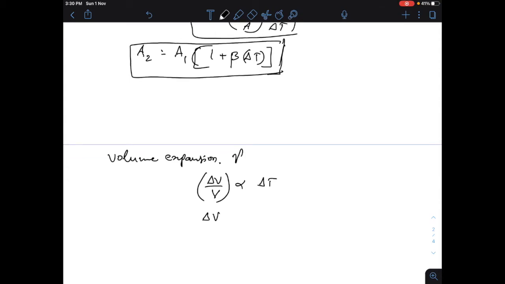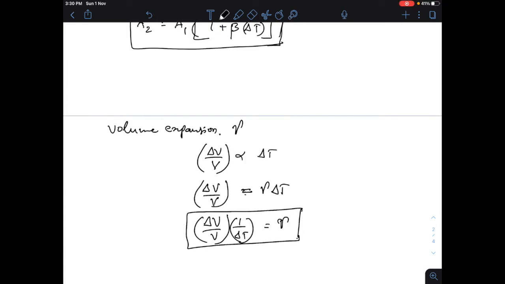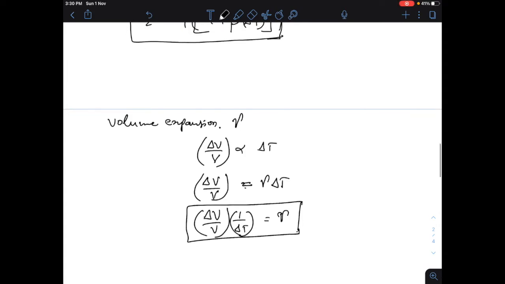So I can write delta V by V is equal to gamma delta T, or delta V by V times 1 by delta T is equal to gamma, that is the coefficient of volume expansion.